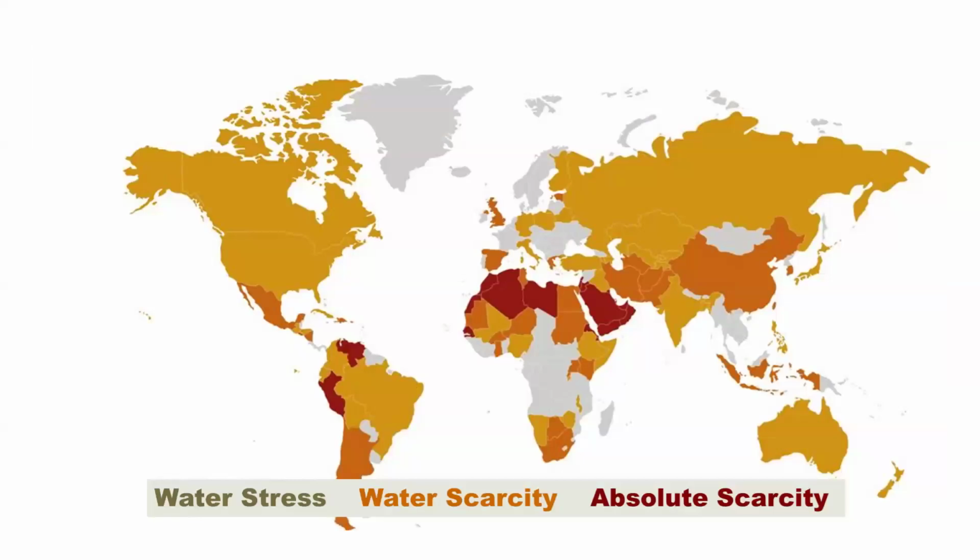So this is how water scarcity and water stress are classified. Absolute scarcity exists in the deserts, Middle East, Sahara, and other deserts. Then water stress exists in most of the African countries.